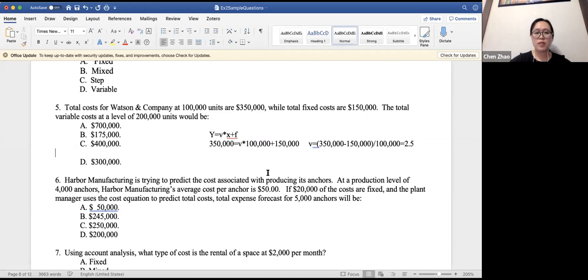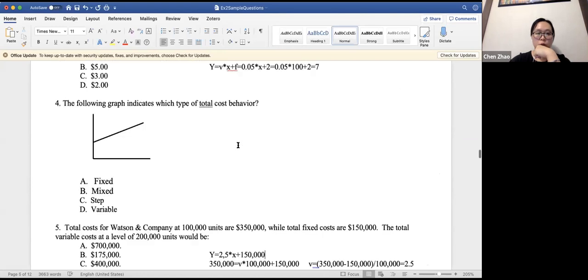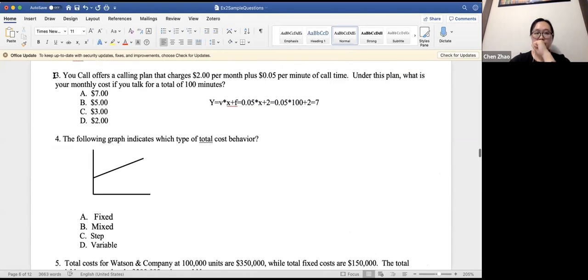And once you have V, you actually already have this cost function, right? Because your V is 2.5 and you have your F, which is 150,000, okay?